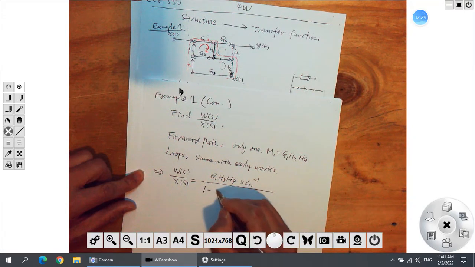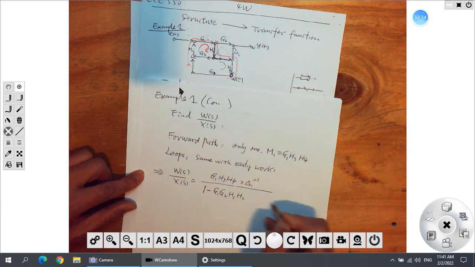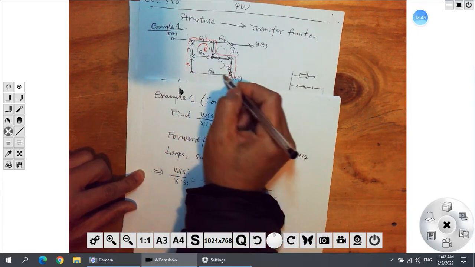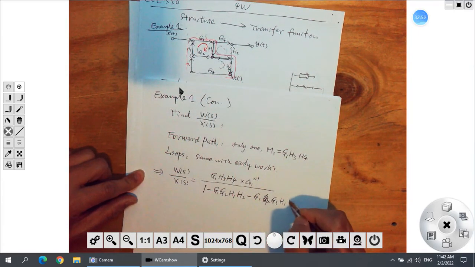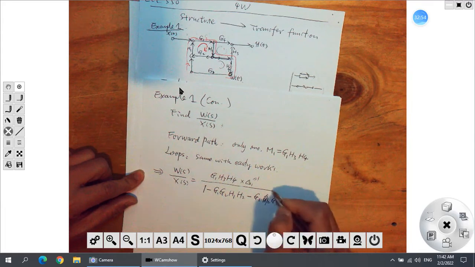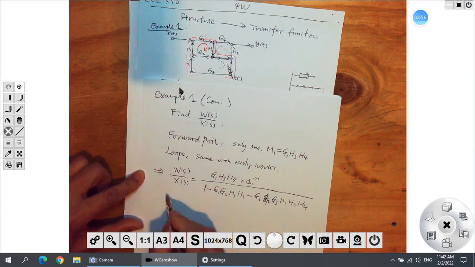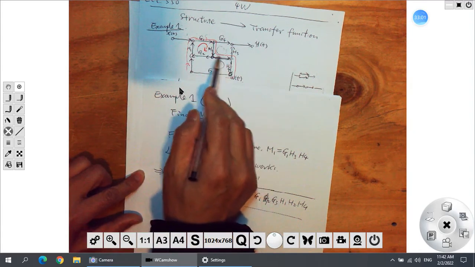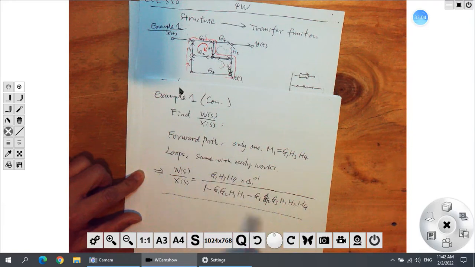The small loop is G1, G2, H1, H2, and minus the other, the large loop, which is G1, G2, G3, no, sorry, G1 and G3, and H1, H2, H4. Okay, so this is w over x. You can pick any other point as the output point and get a similar thing.